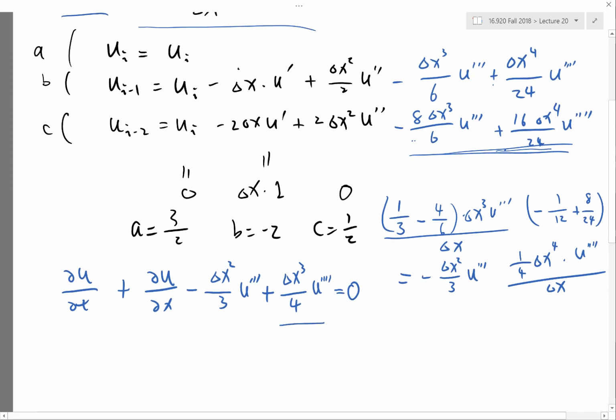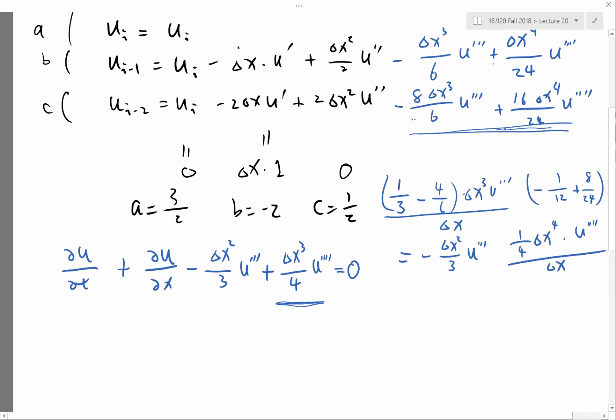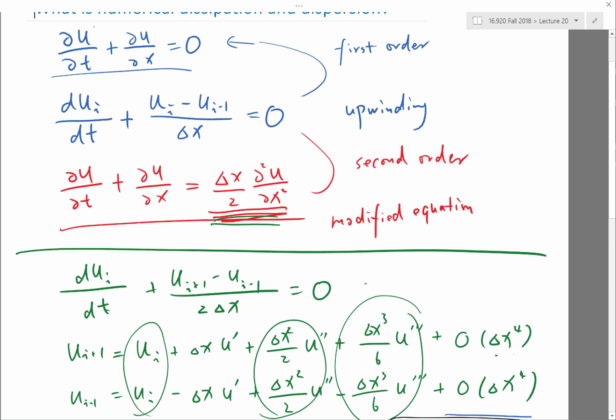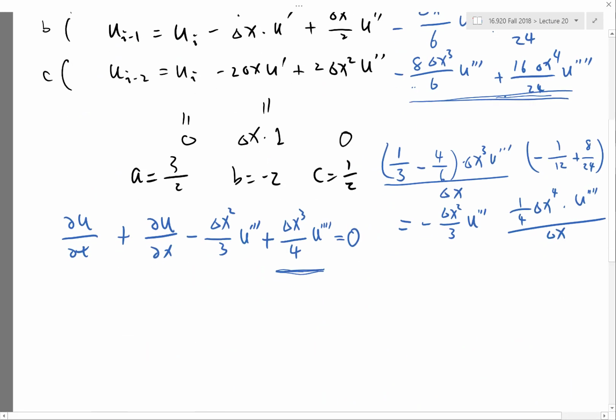So what is this? What effect is this term? Numerical dissipation, right? But the interesting thing is that the sign of this is different from the numerical dissipation we get when analyzing the first order derivative term. The first order derivative term is a plus sign on the right hand side. Here, the fourth derivative is a plus sign on the left hand side. Why is that?